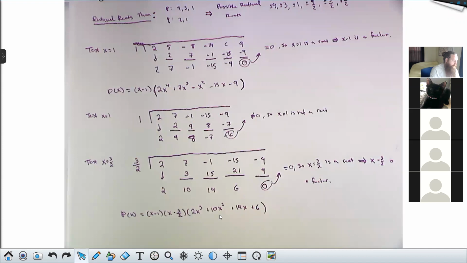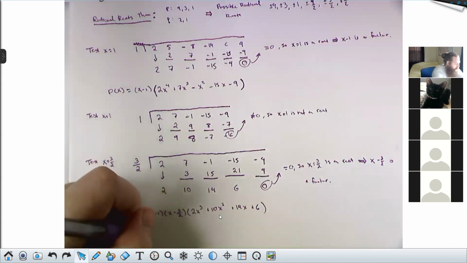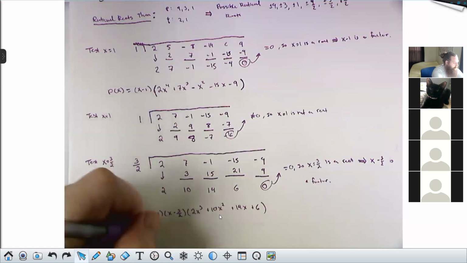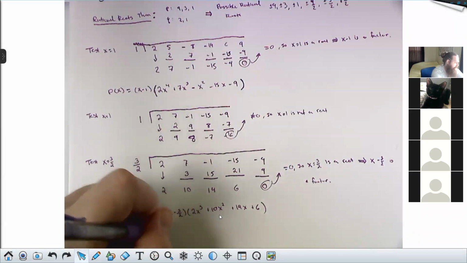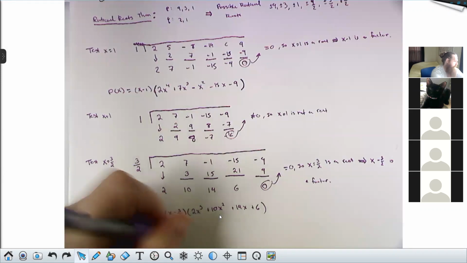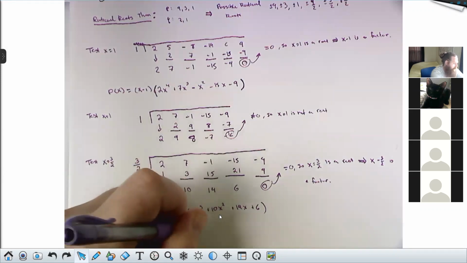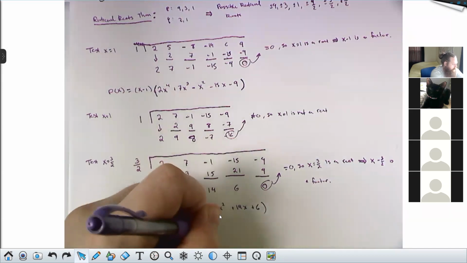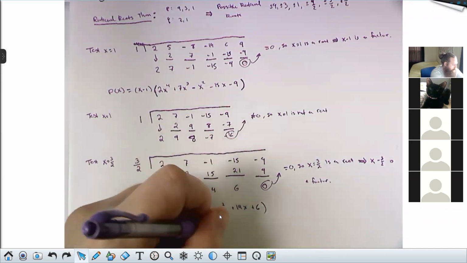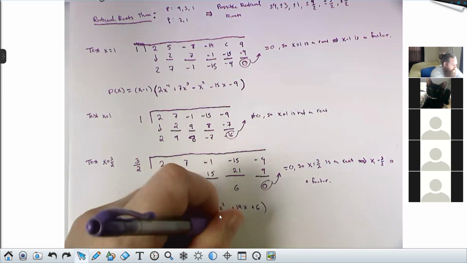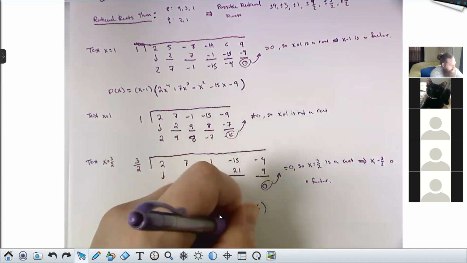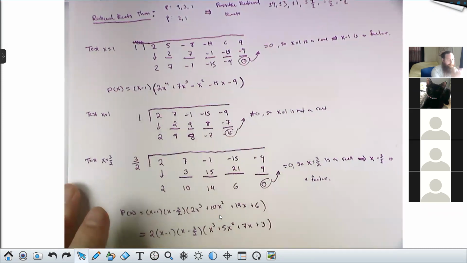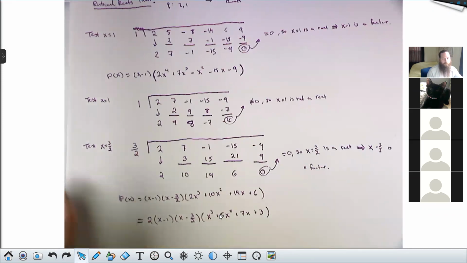I'll bring the 2 all the way out front here because this is all being multiplied. Multiplication is commutative, so you can bring the 2 all the way out front. What's going to be left here then is x cubed plus 5x squared plus 7x plus 3. And now I can generate a fresh list of P's and Q's for this one.